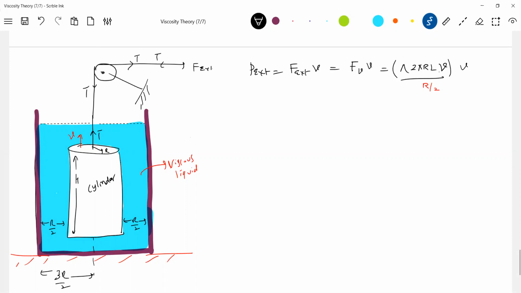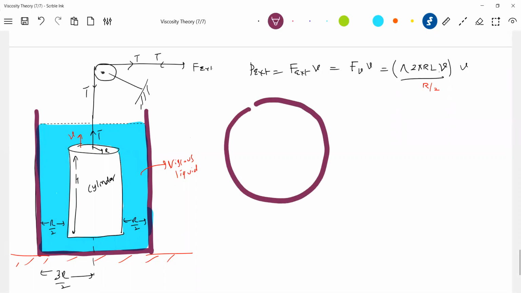See, if you are getting confused, take help of a diagram. It will be like this. Then the cylinder will be like this. Tell me, what can be this distance? R by 2. So you look at every point of the cylinder, the surface of the cylinder will be at a distance R by 2 from the vessel.